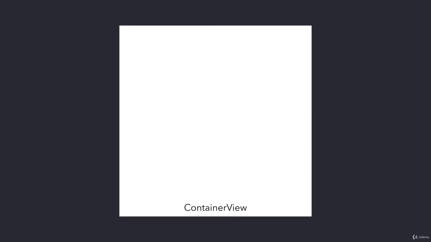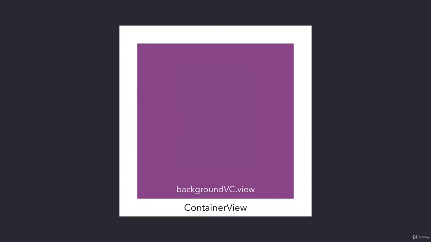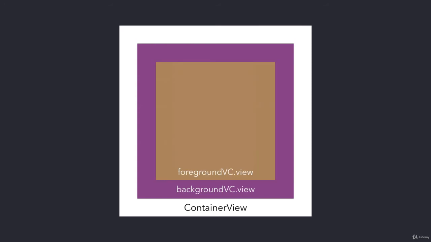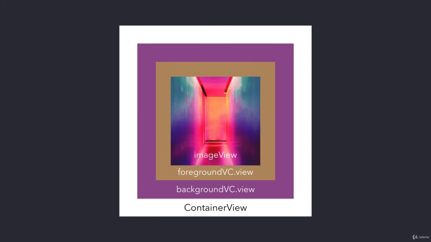Then we get both the foreground view controller's view and the background view controller's view, so that we can configure and coordinate transparencies, sizes, and colors of the views of both background and foreground view controllers. And of course, we are going to have our image view in this container view, and this is going to be the main thing that is going to be animated. We're going to have a look at how this is going to be done in code right now.